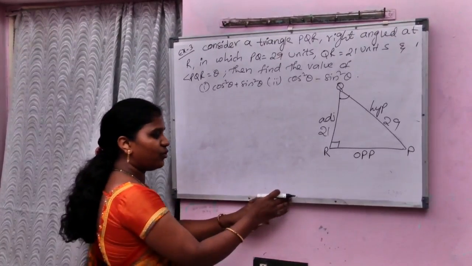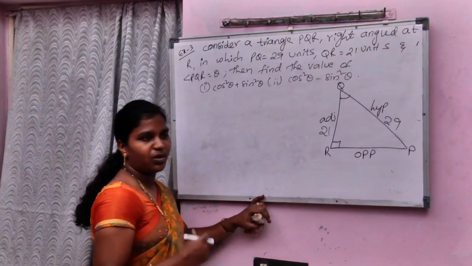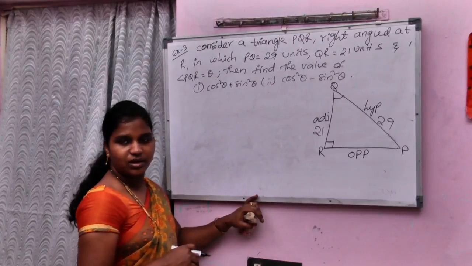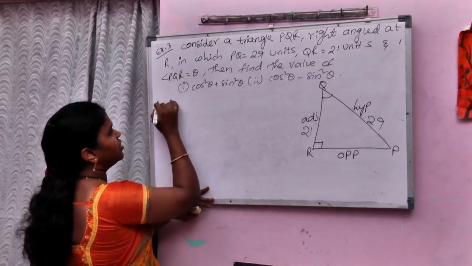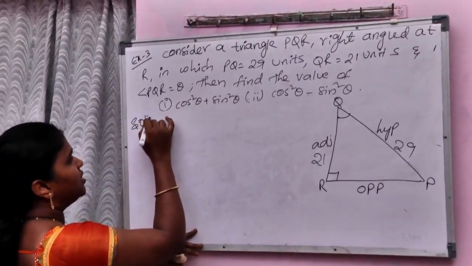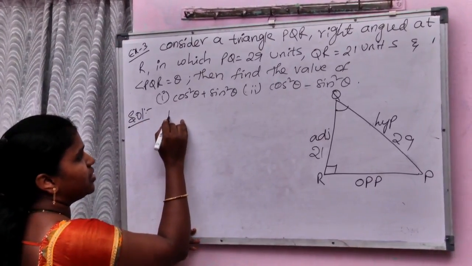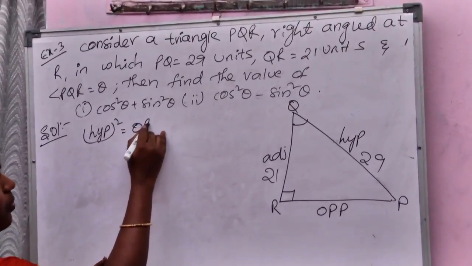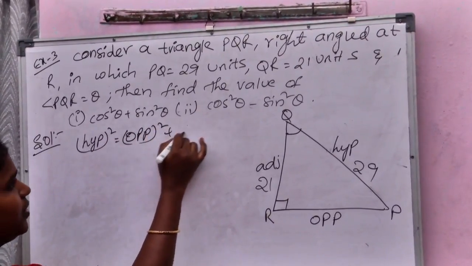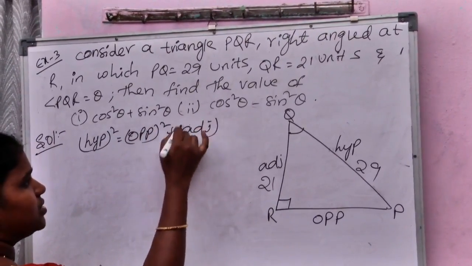For that, as in the previous problem, we used the Pythagoras theorem to find the third side. In a similar way, let us find the third side first. The Pythagoras theorem is nothing but hypotenuse square is equal to opposite square plus adjacent square.